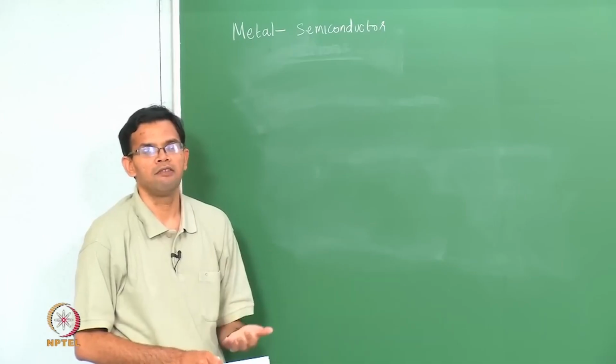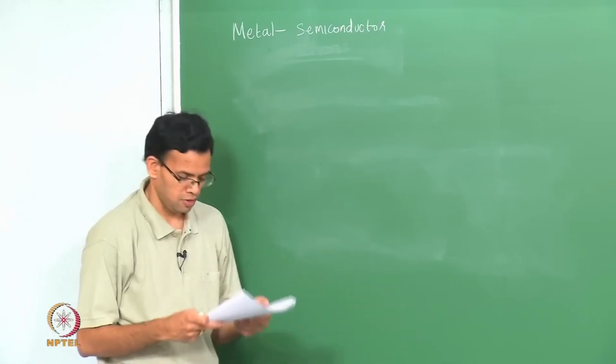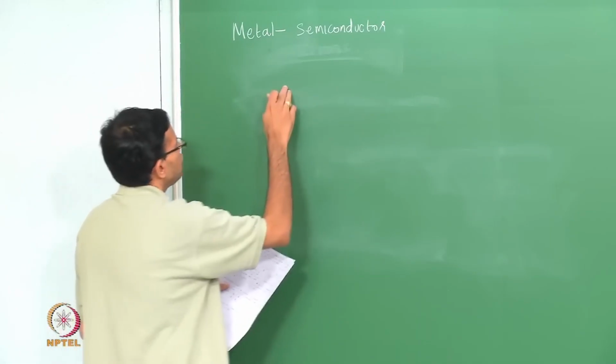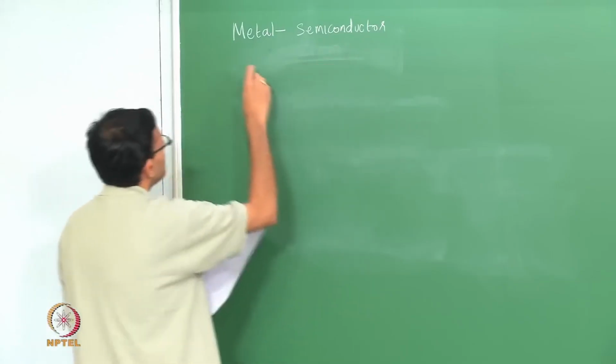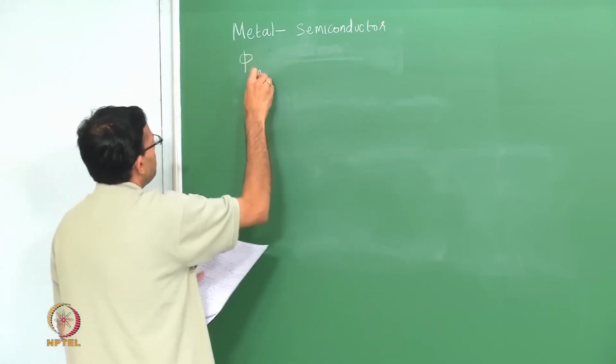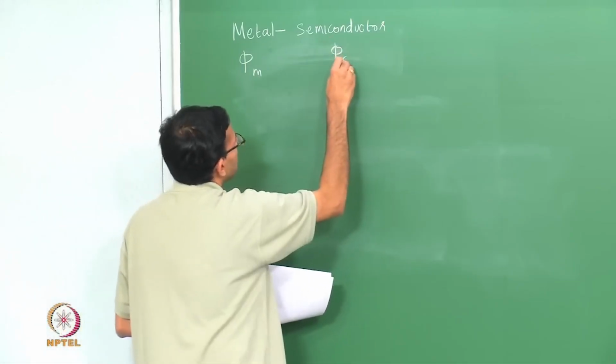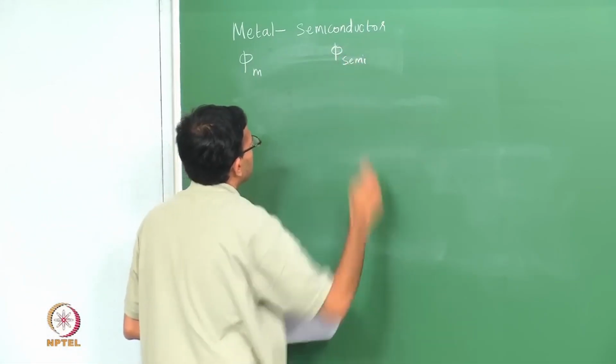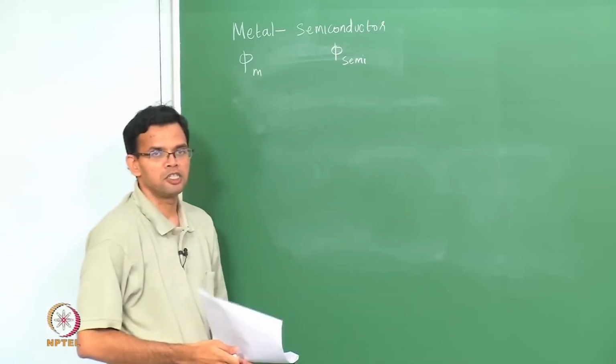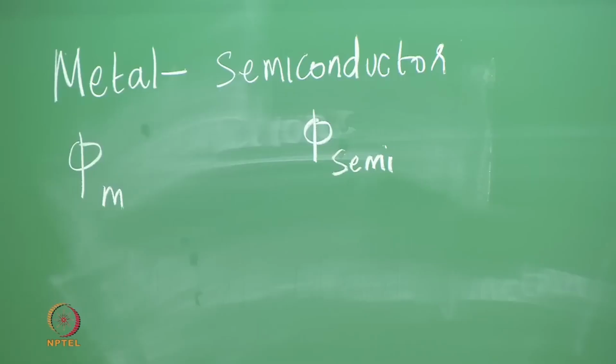So, there we will have metal semiconductor junctions. In the case of a metal and a semiconductor, let phi m be the work function of the metal and phi semi be the work function of the semiconductor. So, there are two options possible.